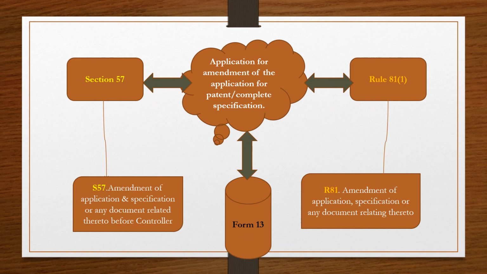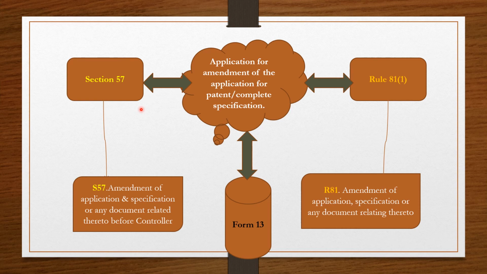Form number 13 has the title Application for Amendment of the Application for Patent or Complete Specification. That means we need to apply for the amendment of the application or the complete specification. This is the title, and the related section is 57 and the related rule is Rule 81, Sub Rule 1.